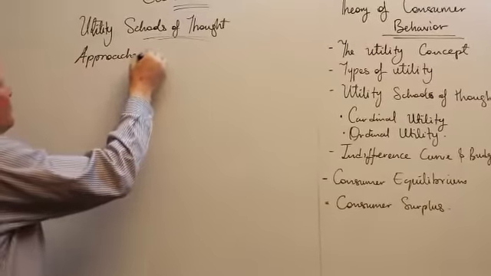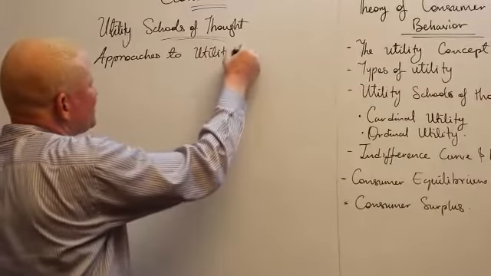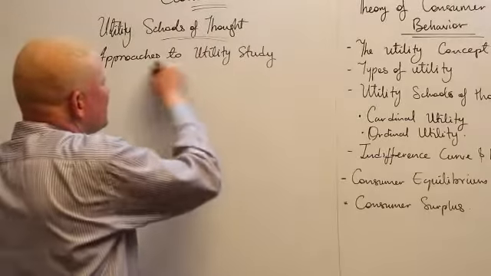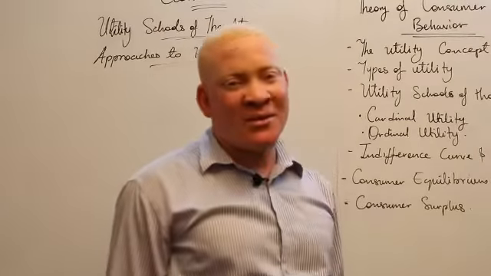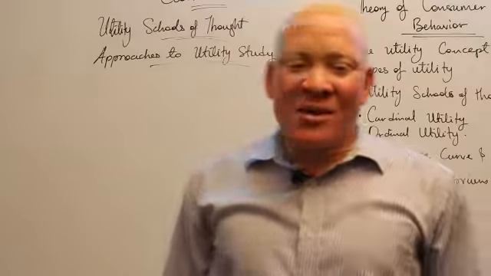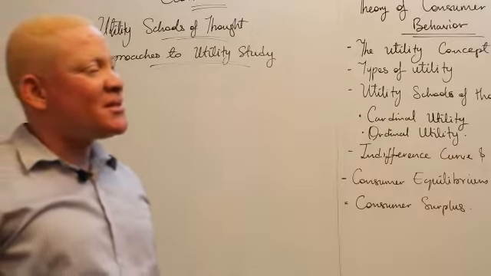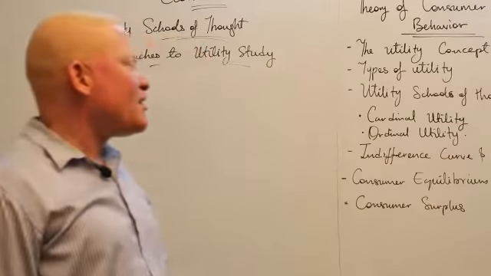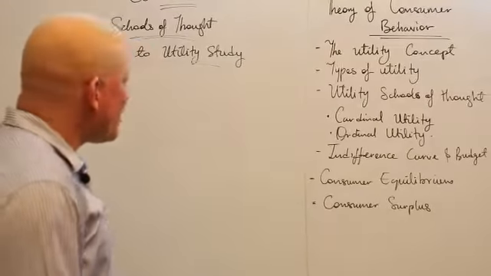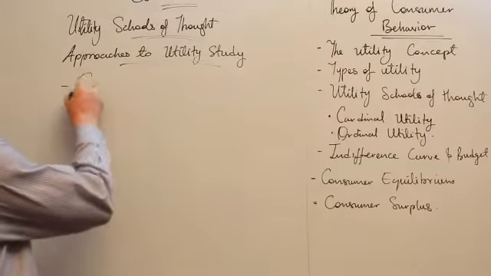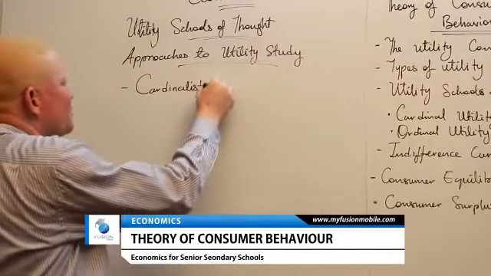That is the different ideologies, or different ways the concept of utility has been studied. The concept has been studied by two groups of people. They are the Cardinalists and the Ordinalists. So the first school of thought we'll be looking at is the Cardinal or Cardinalist utility school.